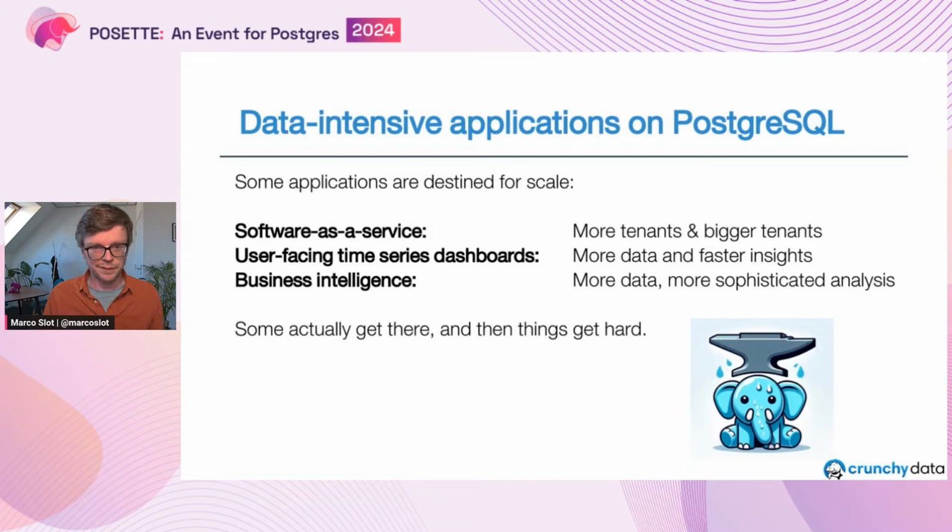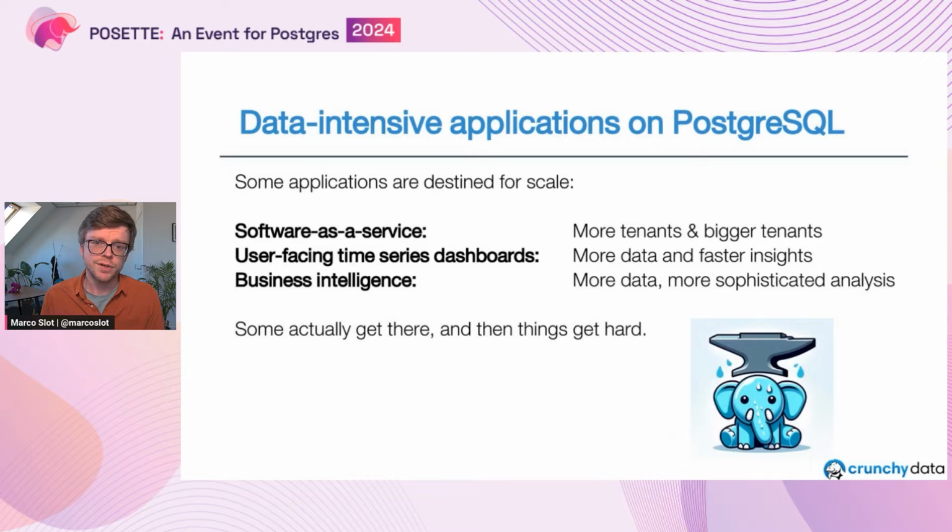Not all applications have a tendency to become data intensive. If you're just keeping the grades for a single school in a database, that's not going to be a data-intensive application anytime soon. Not all data-intensive applications use Postgres, like training machine learning models at scale. But some applications use Postgres and tend to collect a lot of data or ingest a lot of data.